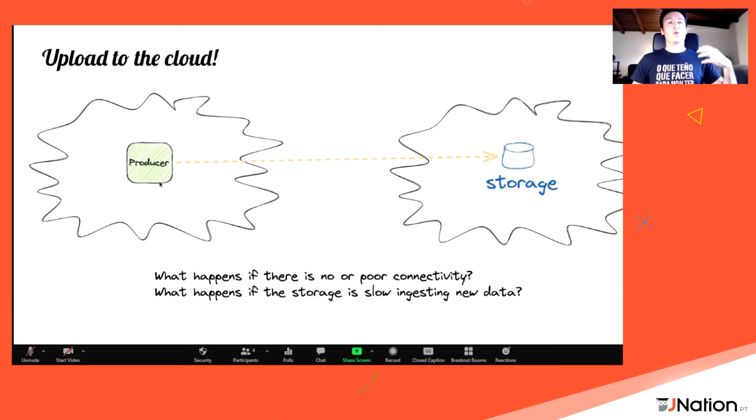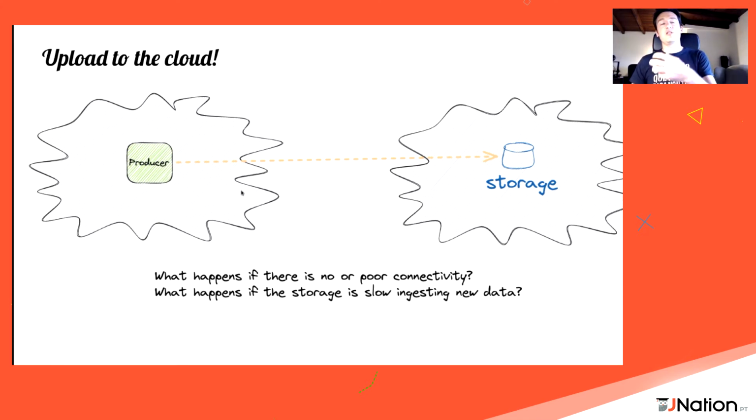Our producer needs to care about the connectivity, the storage, and the problems it may generate. So let's use Kafka to improve our scenario, right? So what is Kafka? If we see Kafka as a black box, we have our producer generating data, and it can send it to this black box Kafka.